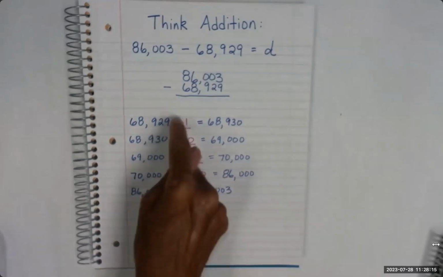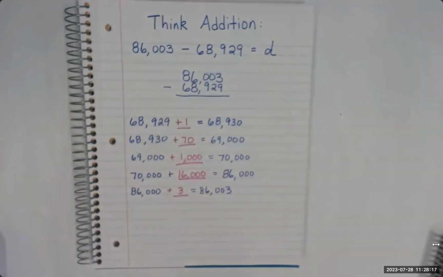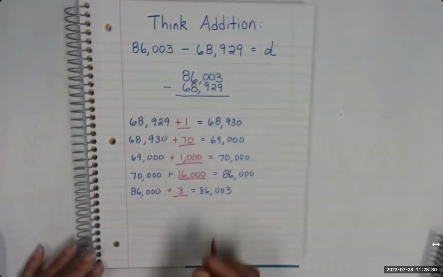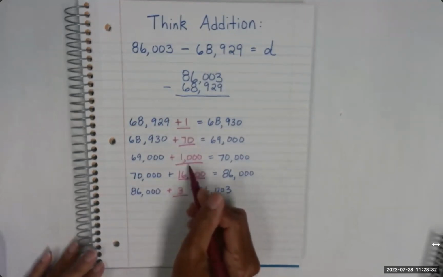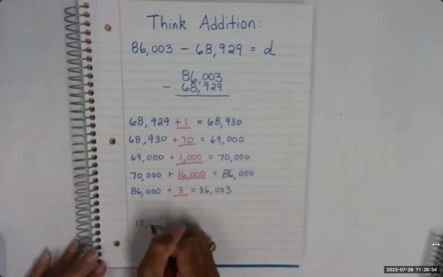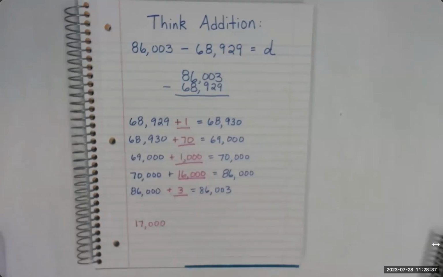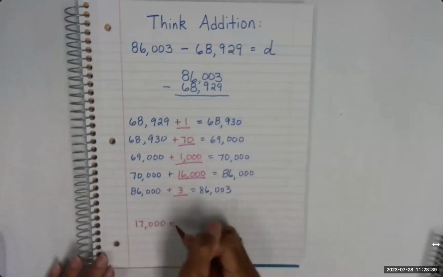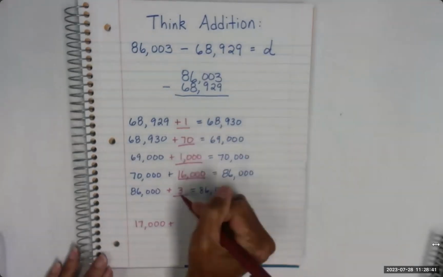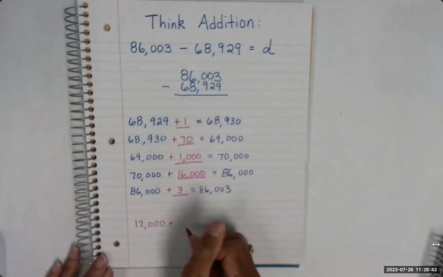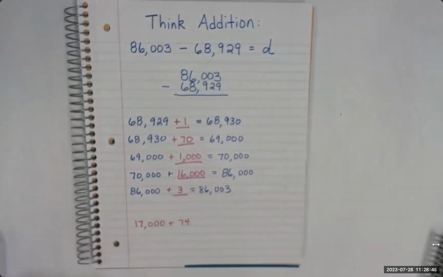Now, by adding on these values, when we compose these values back together, we will find the difference in this subtraction problem. We'll find our answer. All right, so we can add 16,000 plus 1,000, which is 17,000. And we can add together 70 plus 3 plus 1, which would be 74.